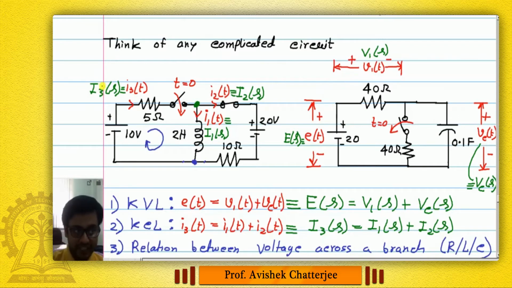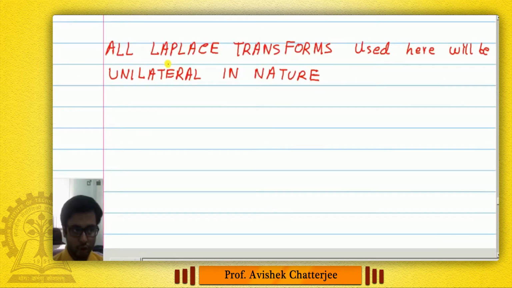That means I3(s) is unilateral Laplace transform of small i3(t). That will not consider the value of this current before time 0. So remember, all Laplace transforms are unilateral in our discussion. Okay? So all Laplace transforms used in the subsequent discussion will be unilateral in nature.